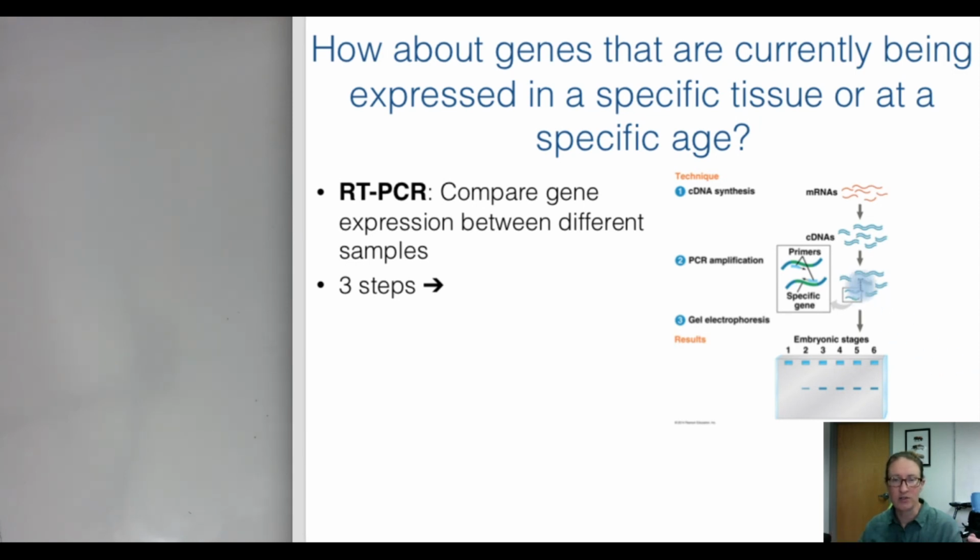The first thing you're going to do is back convert the messenger RNA that's present into cDNA with reverse transcriptase. And then you can isolate different messenger RNA sequences using the process of gel electrophoresis. And then you could potentially take those particular pieces of DNA and sequence them and figure out which genes are actually being expressed in a particular tissue at a particular age.